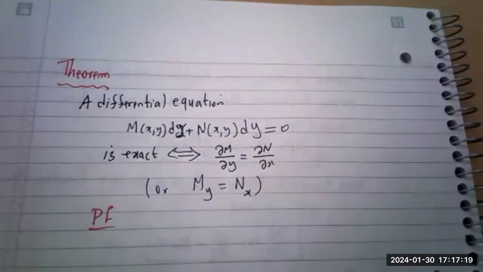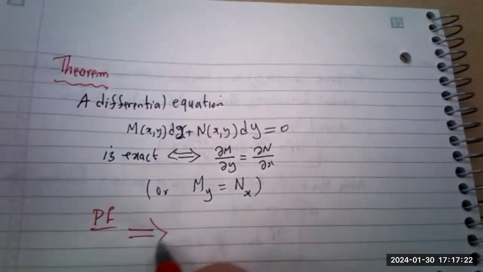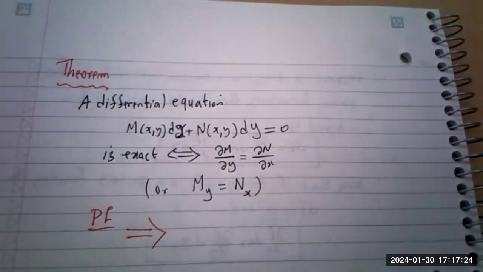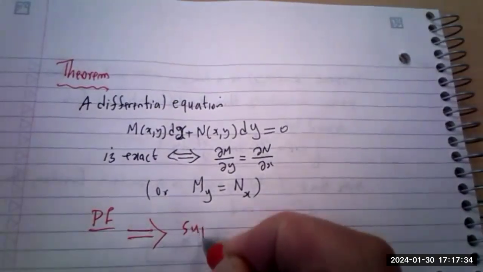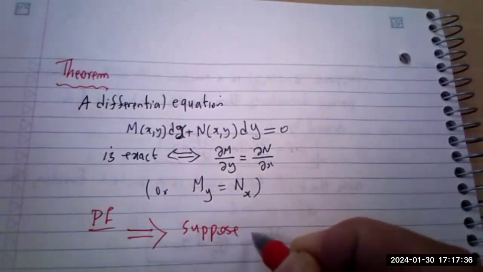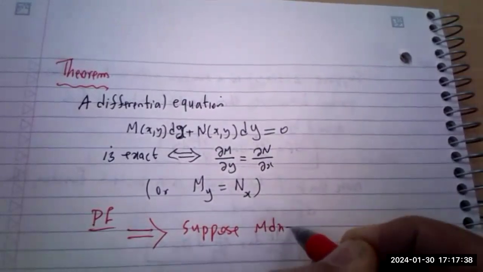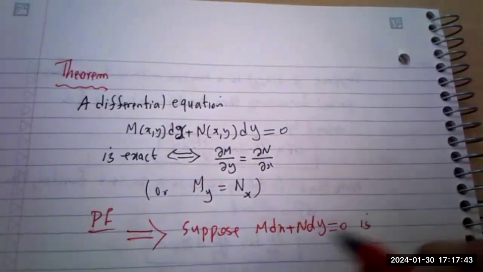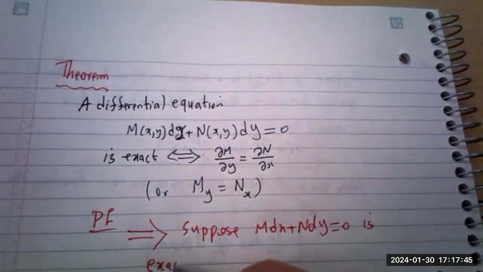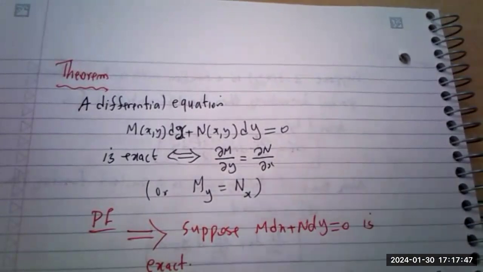Suppose it's already exact. Let's use the definition of exact. Suppose this equation M dx plus N dy equal to 0 is exact. What does it mean?